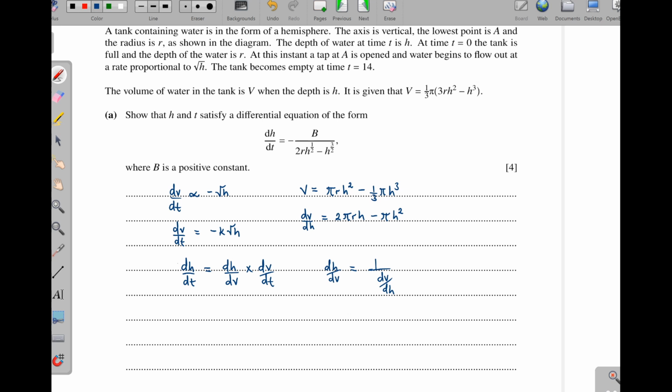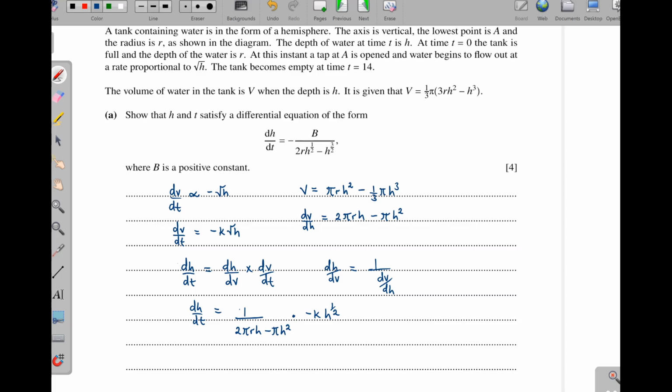So our dh/dt shall be equal to, what do we have here? dV/dt is here. So we have the reciprocal of this one, which is going to be 1 over 2 pi r h minus pi h squared, then times negative k, then h power half. I can write it like that.